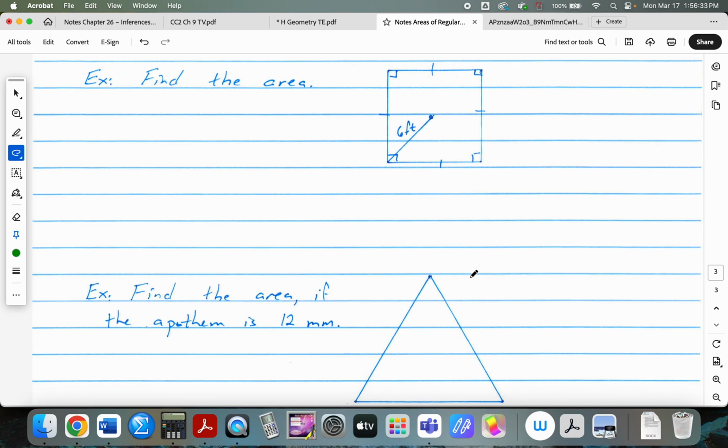Let's do a couple more of these. Here they want us to find the area of this square. They've already drawn parts of it for you. I'm going to finish off the central angle.